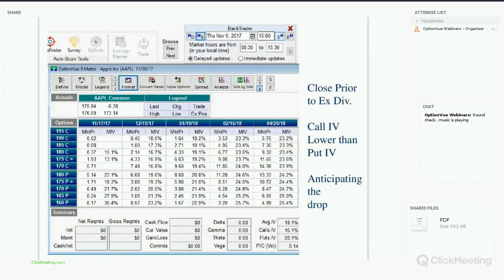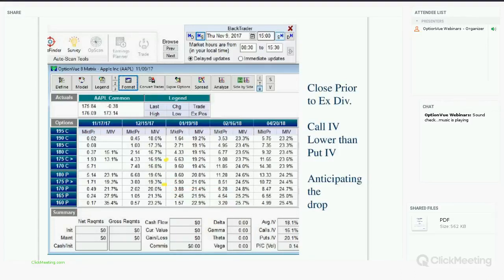So here we see a matrix of the close just prior to Ex-Div with Apple, the most recent Apple dividend. Ex-Div was November 10th. This is the close of the 9th. And if you look carefully, you could see how the at-the-money calls have a much lower implied volatility than the at-the-money puts.